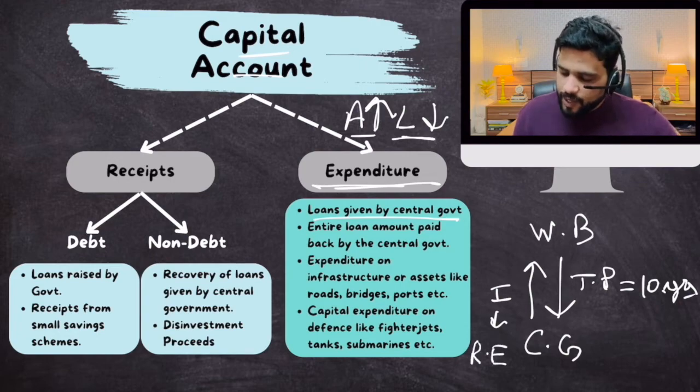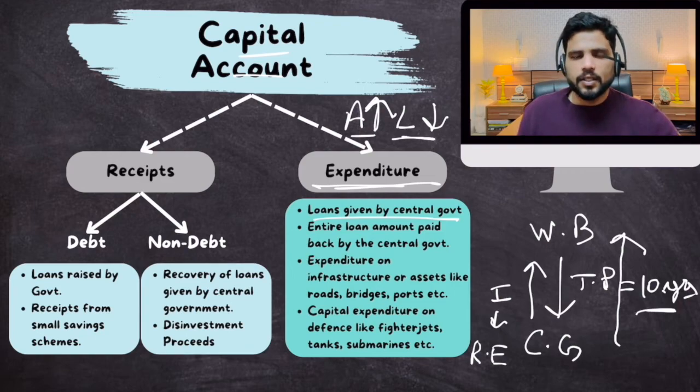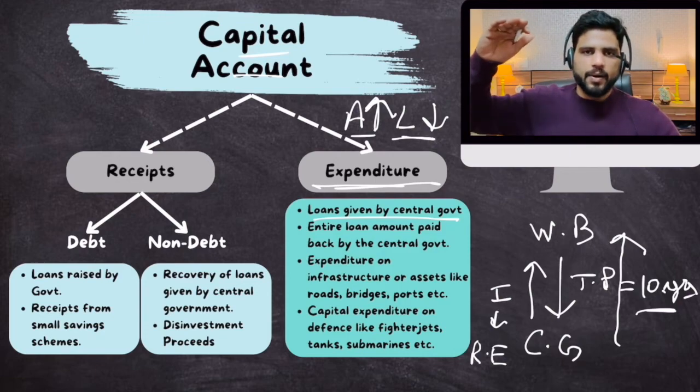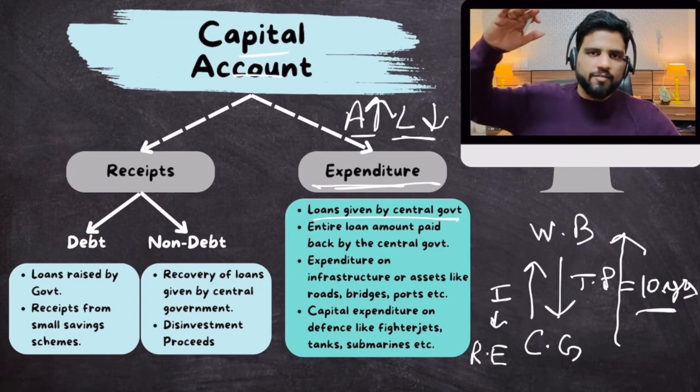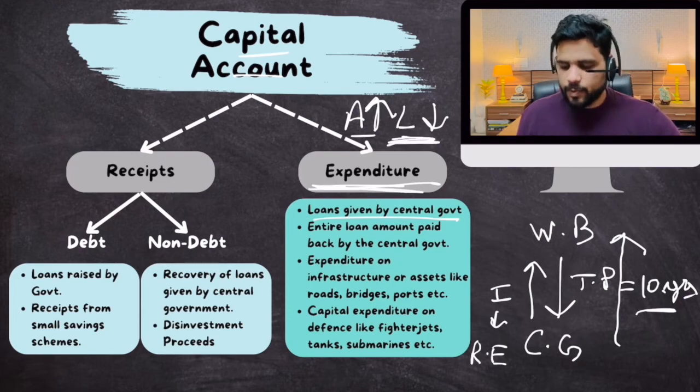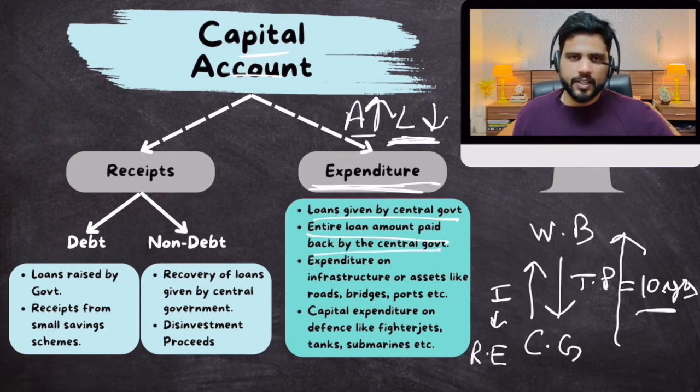But when the government decides to pay back the entire loan amount after 10 years, that expenditure is capital expenditure. Why? Because when there was this loan, government had this liability. Now, after paying back this loan, government's liability is reduced. Right? Liability is reduced, capital expenditure. So, entire loan amount paid back by the central government, capital expenditure.